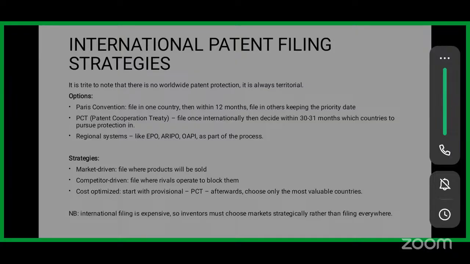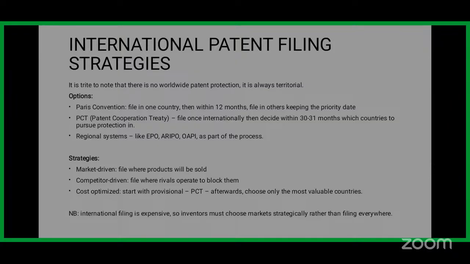What it means is that if you have already filed in a country under the PCT, and you decide to file in Nigeria, you can claim the priority date of when you filed in that other country, which is a member. It just works in a way that you can claim a priority date of when you filed in a different country, insofar as that country is a member or a signatory to the treaty.